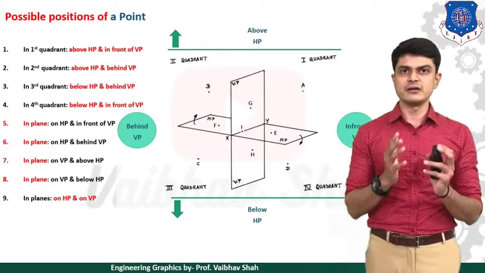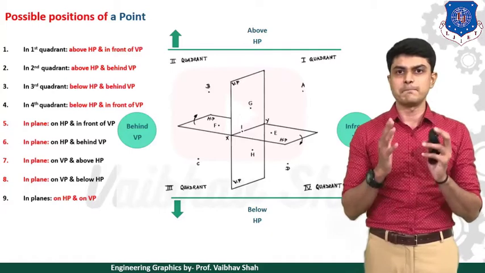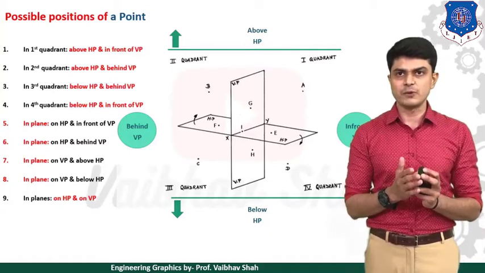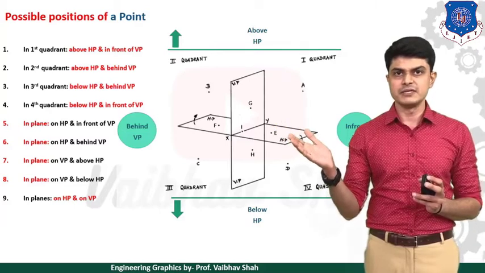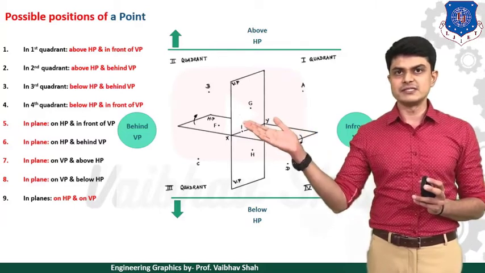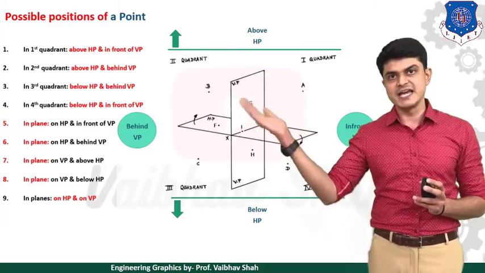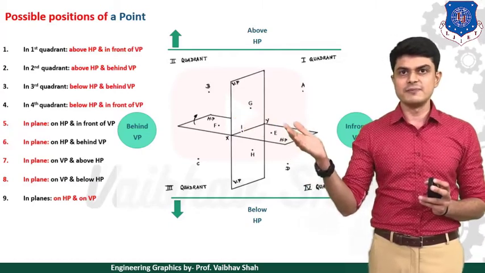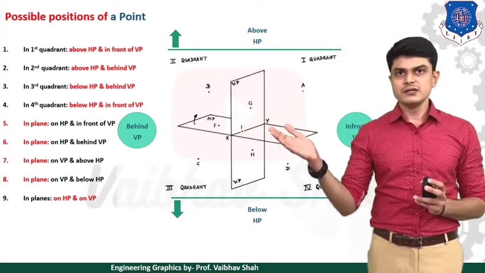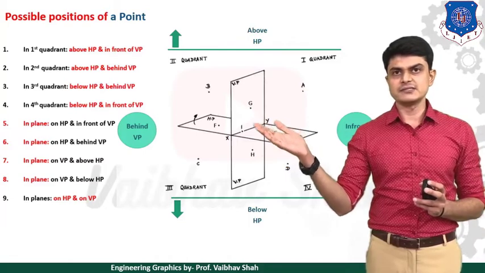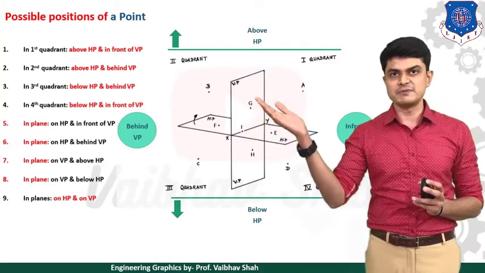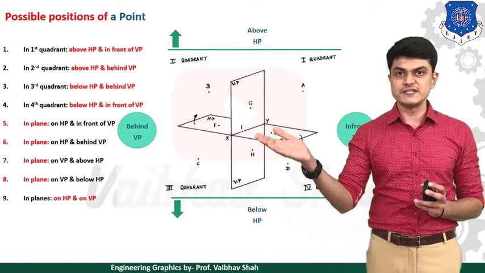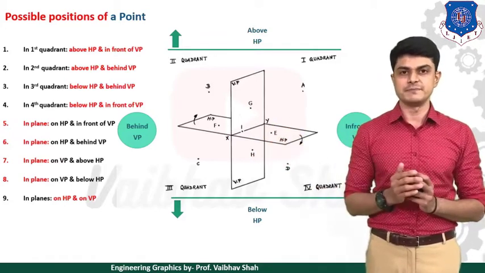Then we will have another 4 positions in the planes themselves, starting with point E, which is in HP, in front of VP; F, which is in HP itself but behind VP; G, which is in VP but above HP; and point H, which is in VP but below HP.